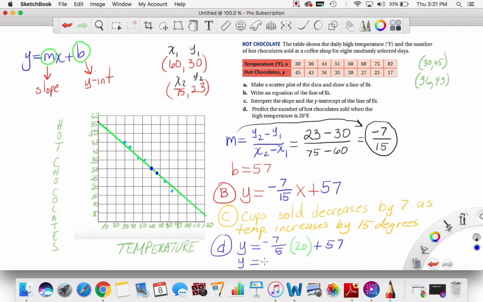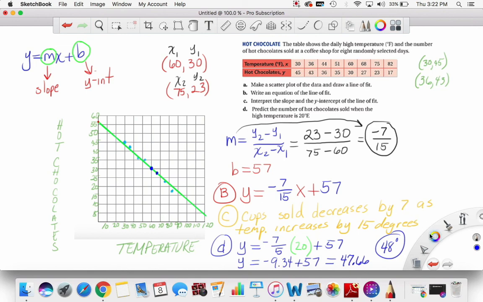So it's technically negative 9.34 and then plus 57, which equals 47.66. So 47.66. But you can round that up to 48, or you can take this part right here, instead of putting negative 9.34, you could just say negative 9. So either way works because it's just a prediction.